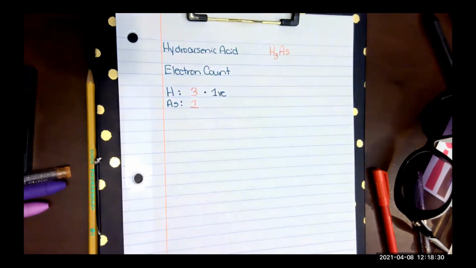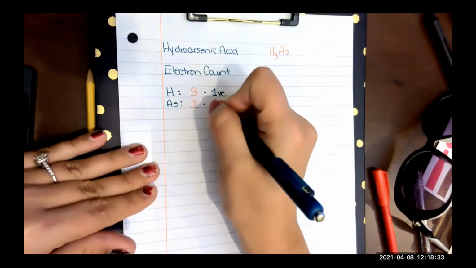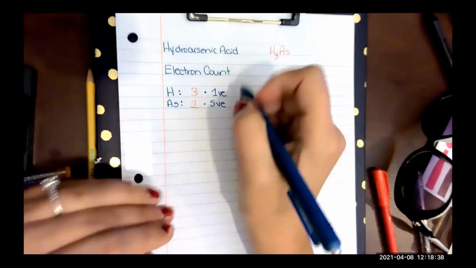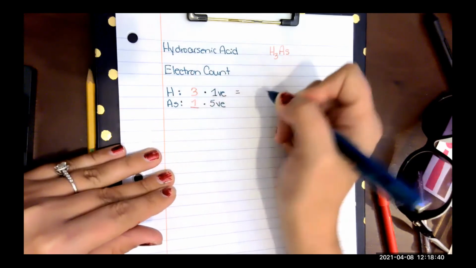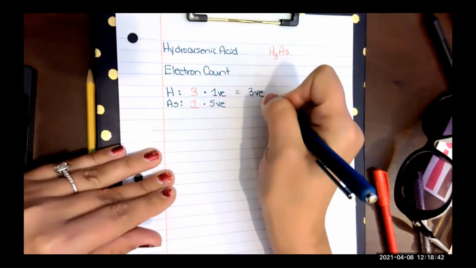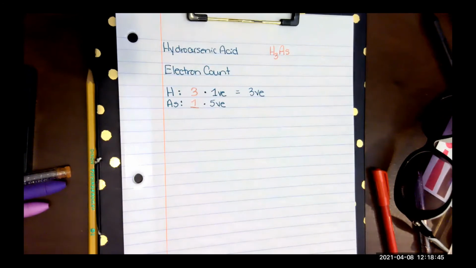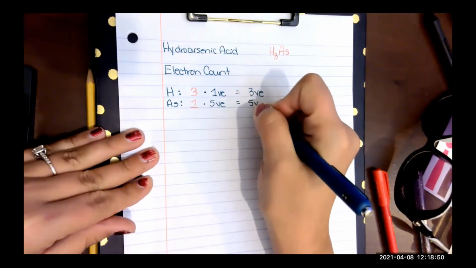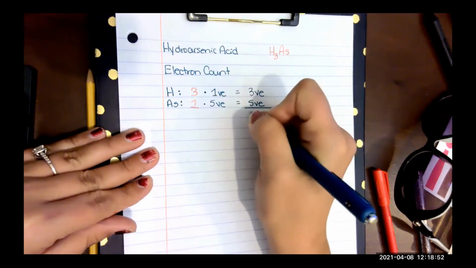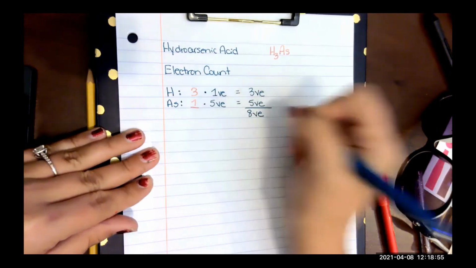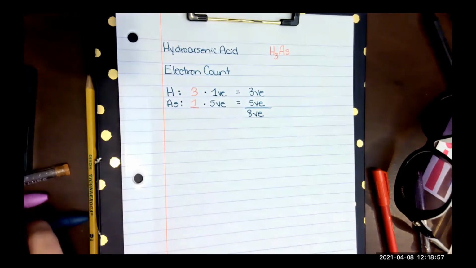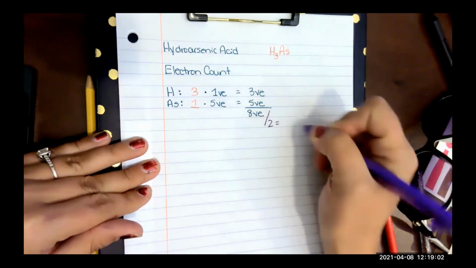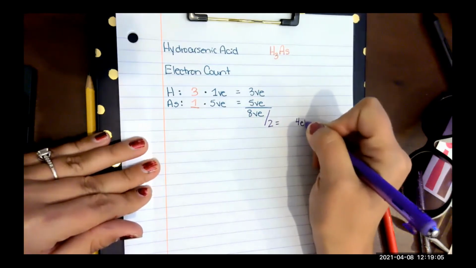Arsenic is in column 15, and it has 5 valence electrons. Hydrogen, because there are 3 of them, gives 3 valence electrons to the compound hydroarsenic acid. Arsenic, 1 times 5, gives 5 valence electrons, for a total of 8 valence electrons. We care about total valence electrons only because we divide by 2 to get electron pairs, and we end up with 4 electron pairs.